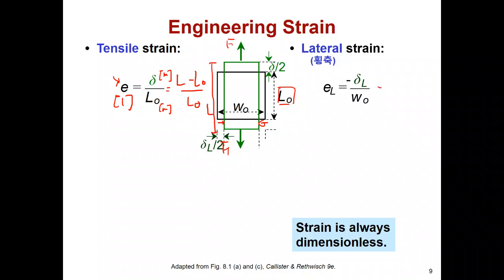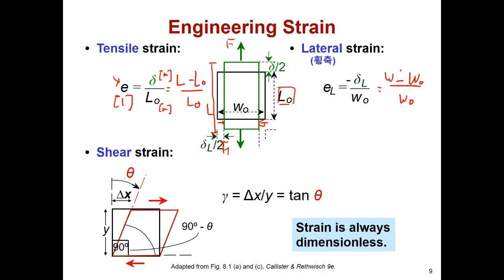The initial lateral width is W0, and after deformation it is W. Subtracting W0, the total change is delta, but the change is negative. However, anyway, we can define a lateral strain. That's the obvious behavior.